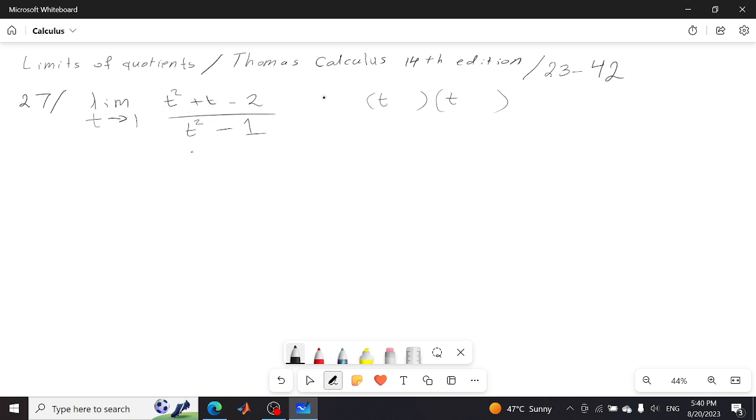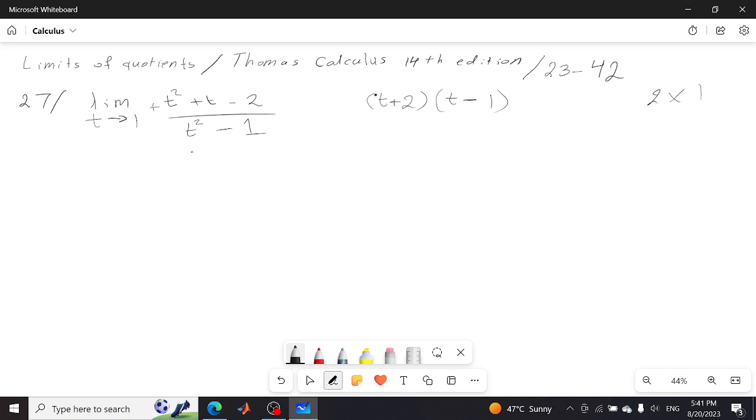The signs are plus because a positive multiplied by a positive is a positive, and a positive multiplied by a negative is a negative. So what two numbers can we multiply to give us 2 and add together to get 1, which is 2 and 1. So we have t plus 2 and t minus 1.